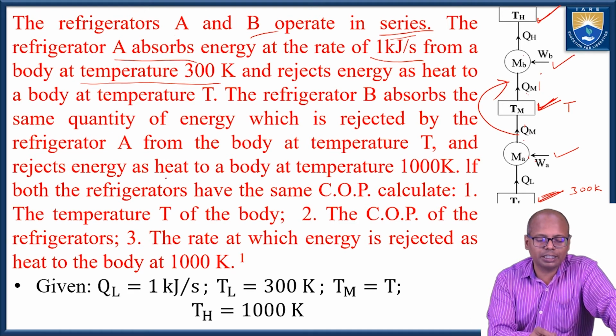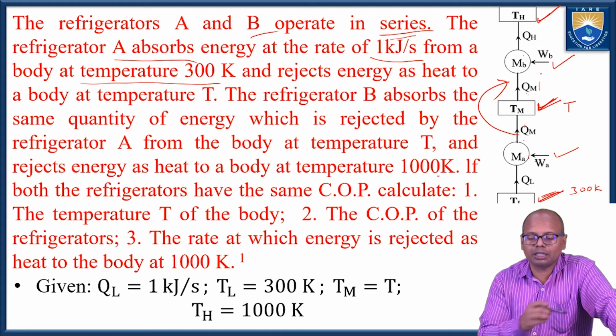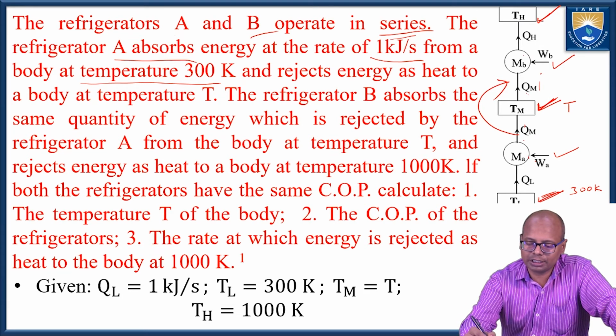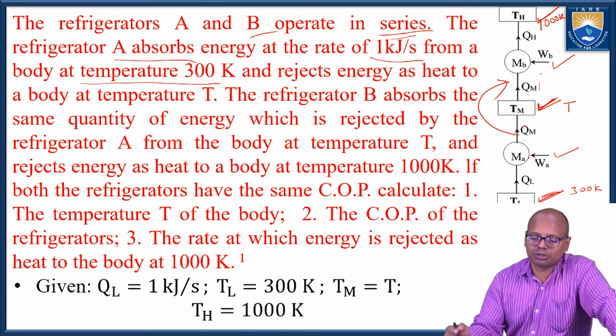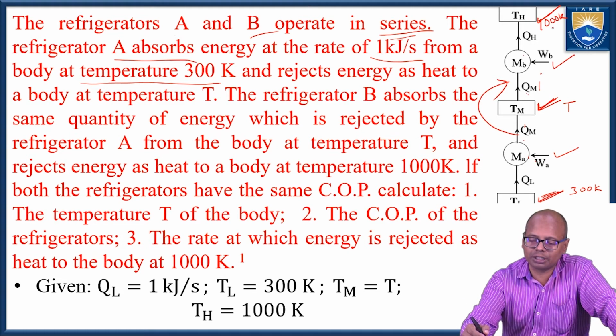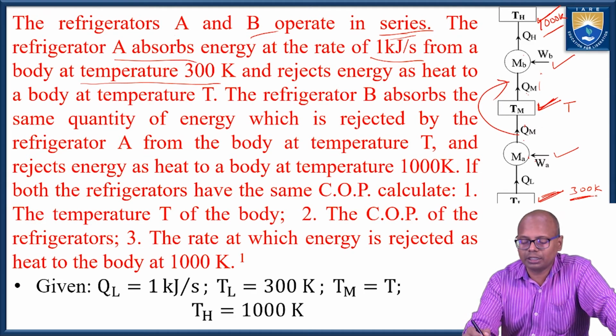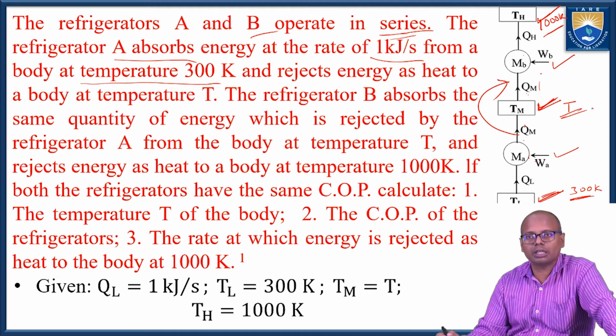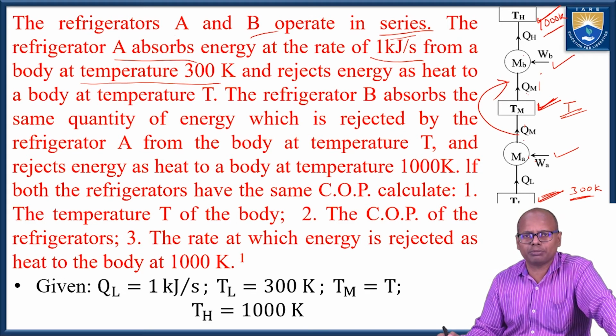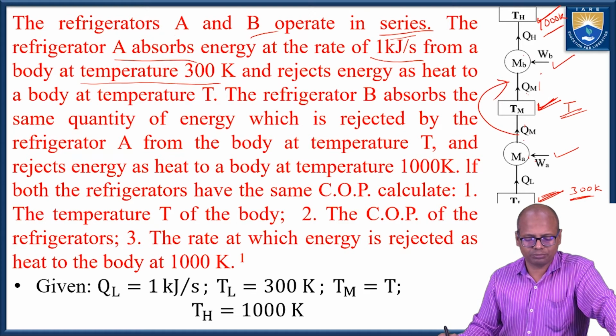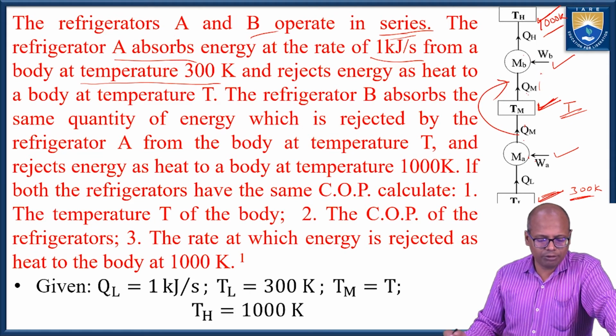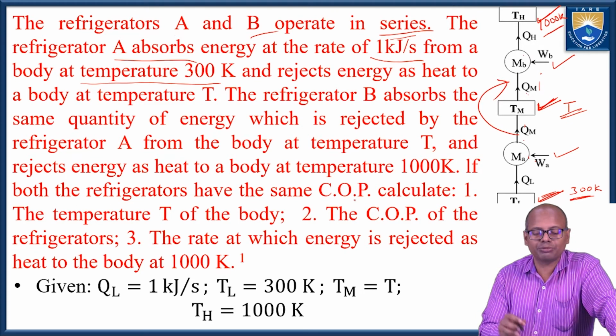And B rejects heat to a body at a temperature of 1000 Kelvin. So this temperature is also given. The highest temperature is 1000 Kelvin, the lowest temperature is 300 Kelvin. The intermediate temperature is not given, and you have to find out what it is. Another condition given is that both refrigerators have the same COP.